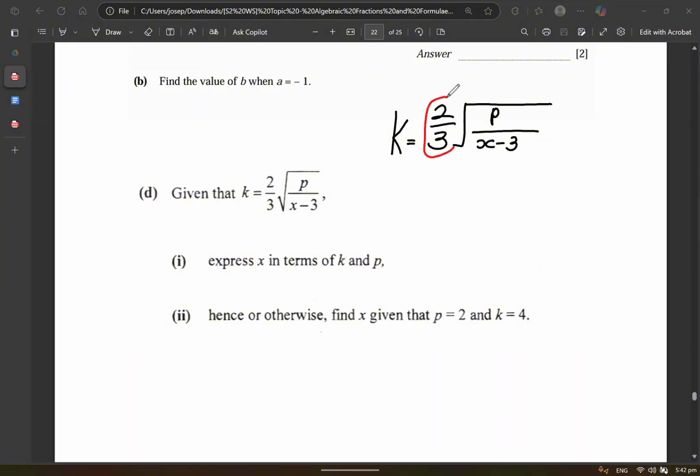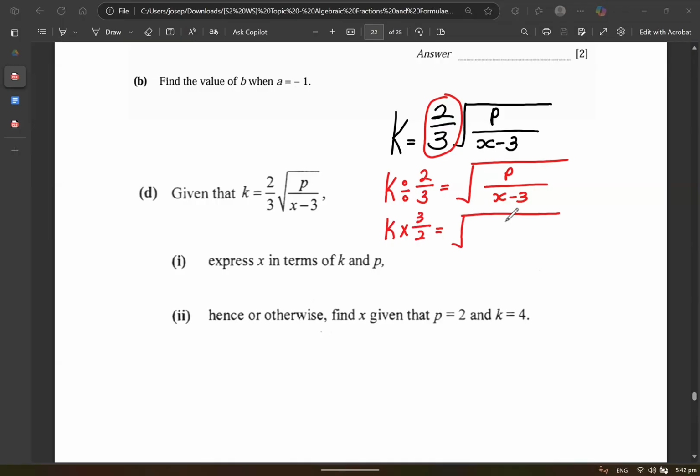So you want to remove the 2/3 first. k divided by 2/3 is equal to the square root of p over x minus 3. This means k times 3 over 2 equals the square root of p over x minus 3. So 3k over 2 is equal to the square root of p over x minus 3.